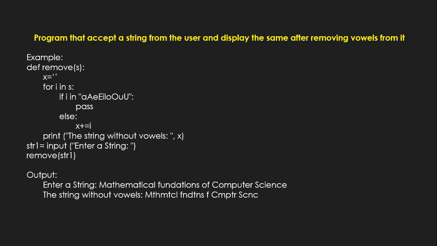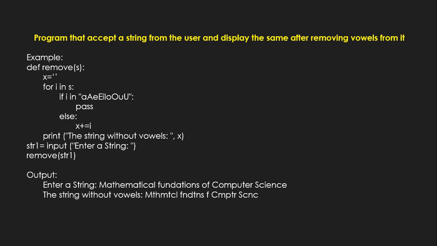Remove. Now come down to the last statement there. This is called the calling statement. Remove within brackets str1. How many arguments are there? There is only one argument. And how many parameters are there in the function definition statement? One parameter called s.